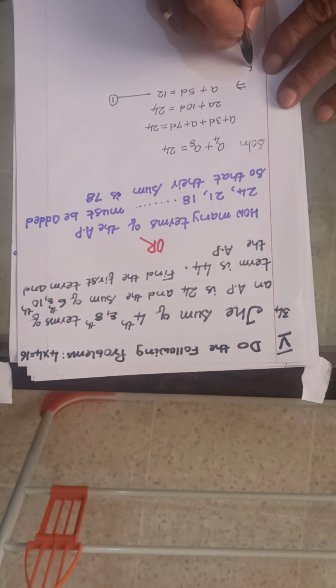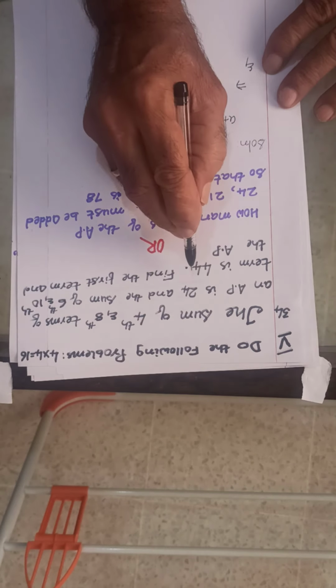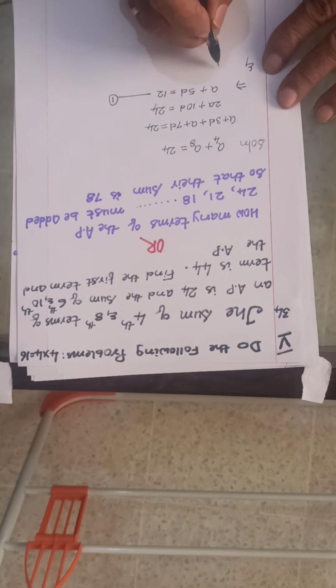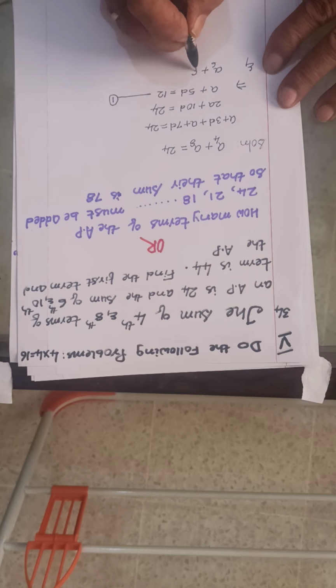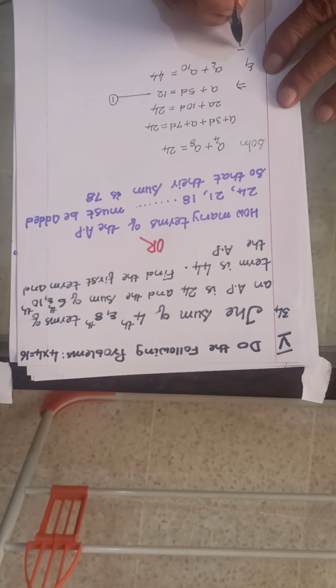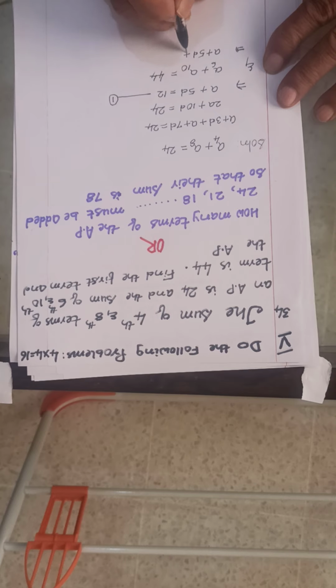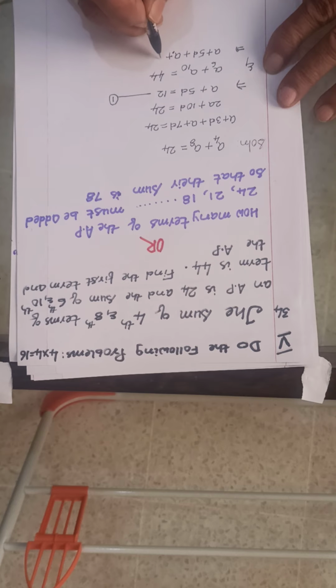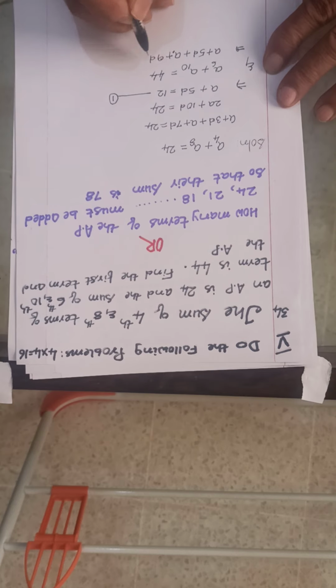Now this second relationship is also given, that is the sum of the 6th term and 10th term, A6 plus A10, is equal to 44. Similarly this can be written as A plus 5D plus A10 means A plus 9D is equal to 44.